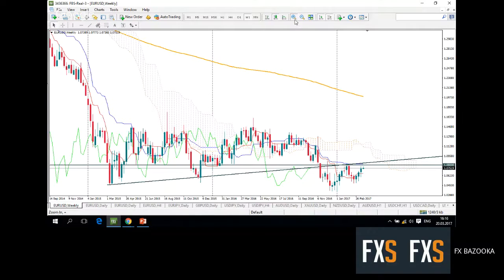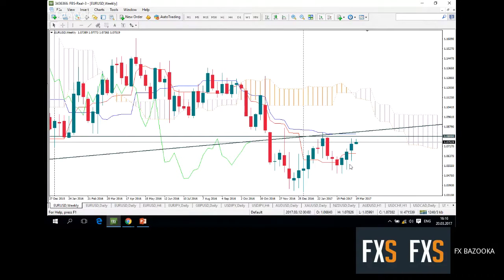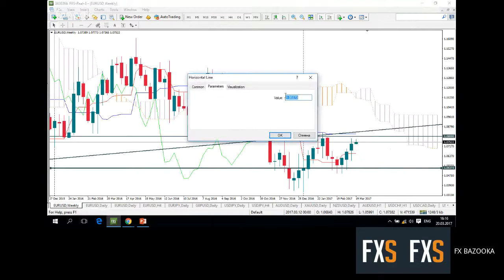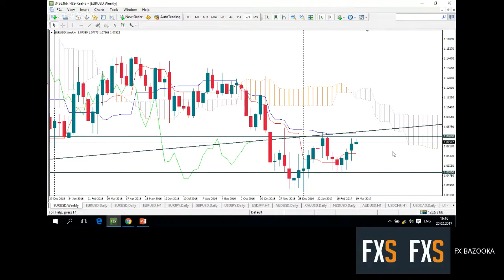And I think at the weekly chart, it is fairly clear that the euro is in a rather good position these days. We can see that the key level, which is located at 105, I remember that we had discussed this level before, and I mentioned that this level provides strong support.